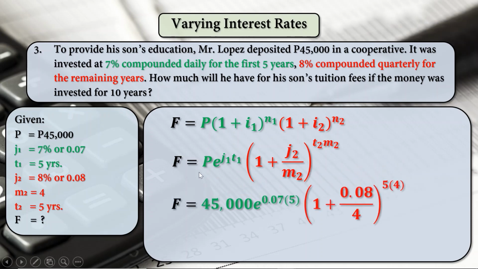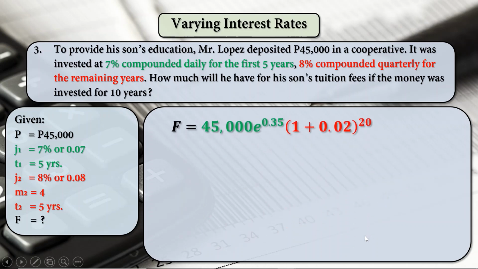Then, substitute sa mga values, 45,000 times e raised to 0.07 times 5 times the quantity of 1 plus 0.08 over 4 raised to 5 times 4. And then, 0.07 times 5, itong exponent ng ating e results to 0.35. Then, 0.08 divided by 4 is 0.02. 5 times 4 is 20.